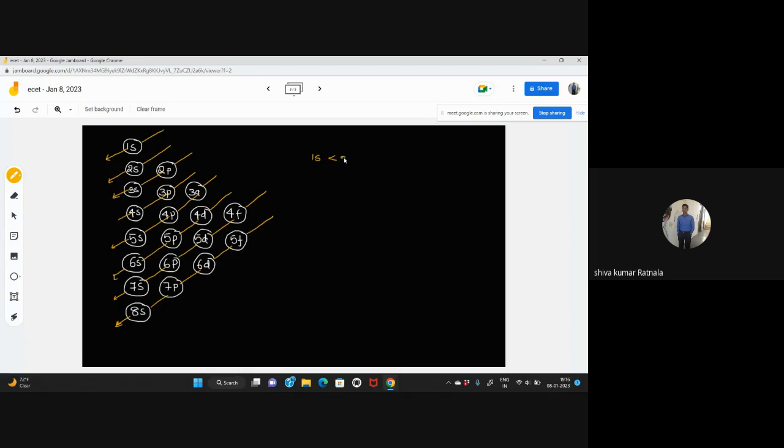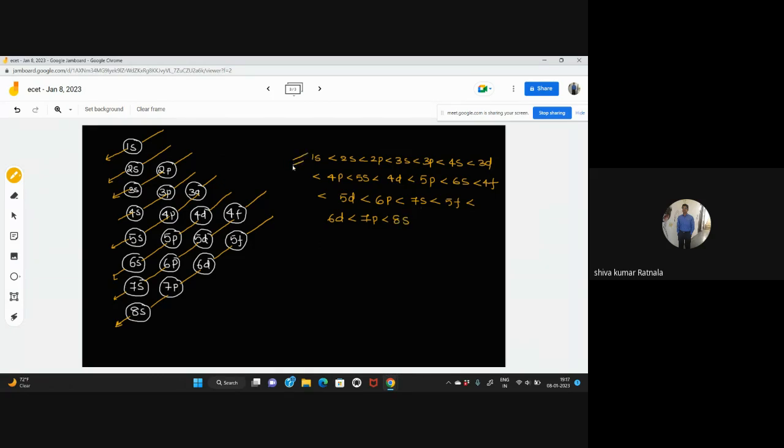1s, then 2s, then 2p, then 3s, 3p, 4s, 3d, 4p, 5s, 4d, 5p, 6s, 4f, then 5d, then 6p, then 7s, then 5f, 6d, 7p, then 8s.